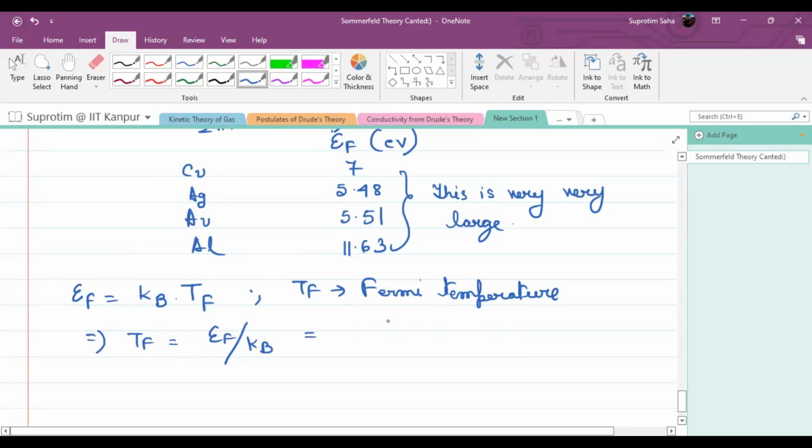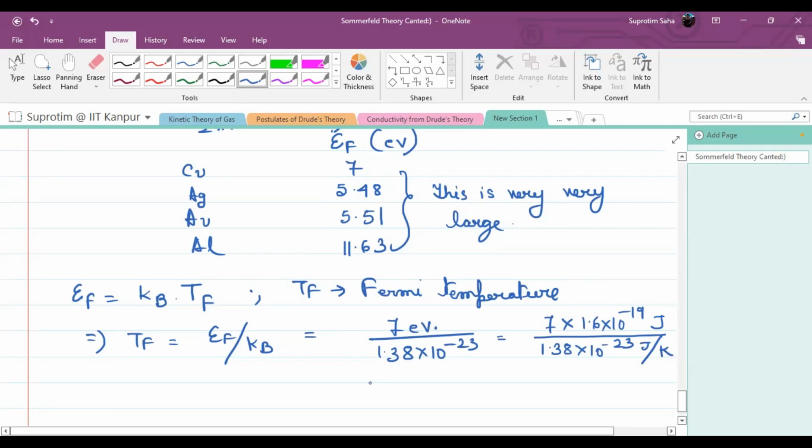Using this, 7 electron volts, which is 10 raised to minus 19 joules in proper SI units, divided by 1.38 times 10 raised to minus 23 joules per Kelvin, this comes out to be 80,000 Kelvin.